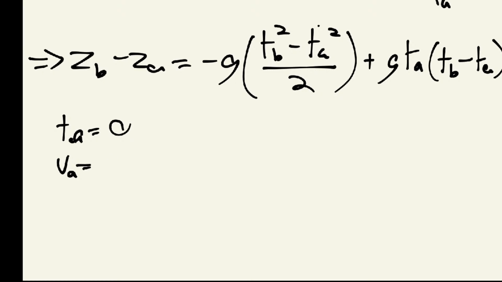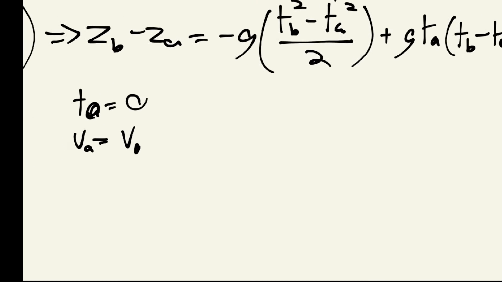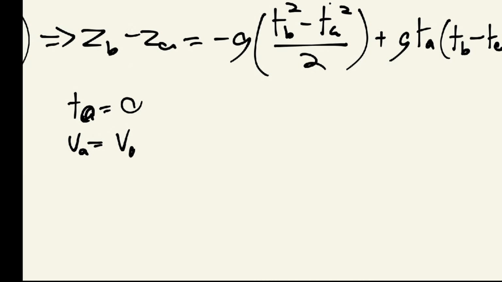We're looking at the first moment that the ball just flies off the ground, so v sub a, sorry, no, v sub a is not 0. V sub a is just v naught, the velocity at the beginning of the entire operation, right? So what happens if this happens? Well, let's simplify it. So z sub a is going to be 0. We're going to set that as the origin.